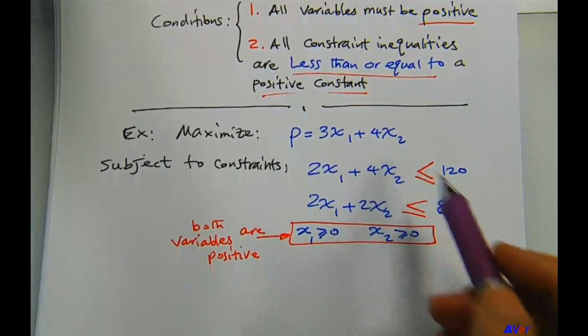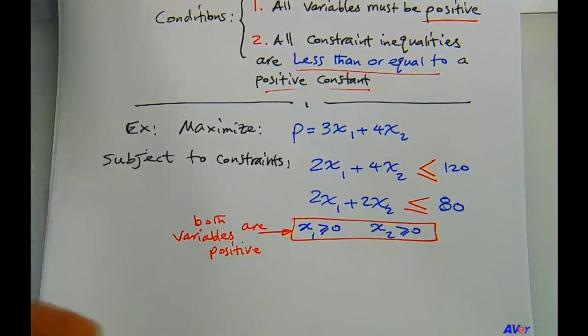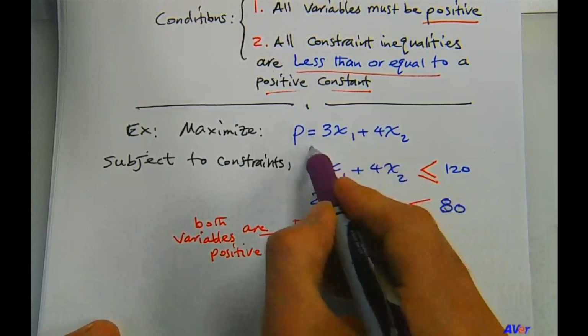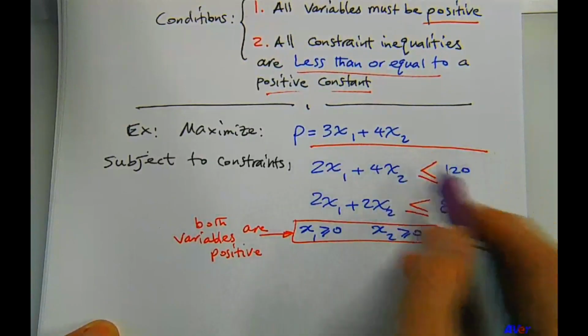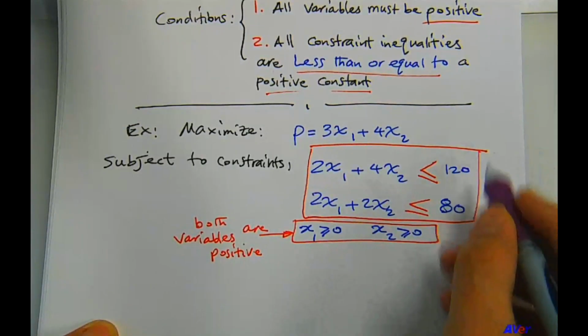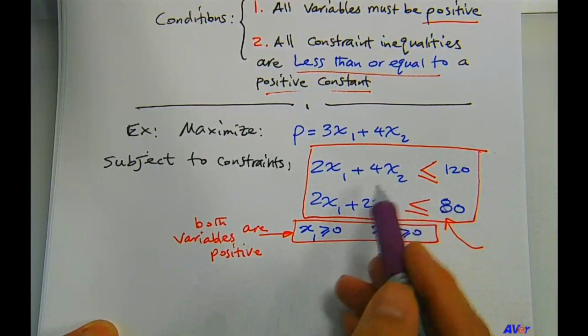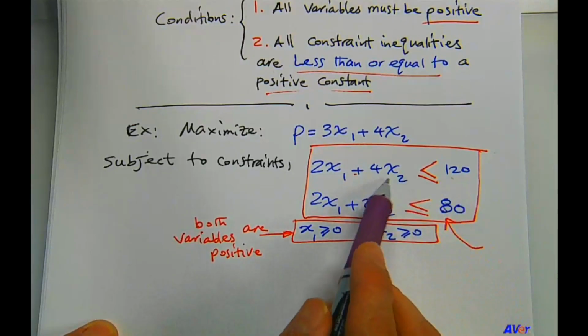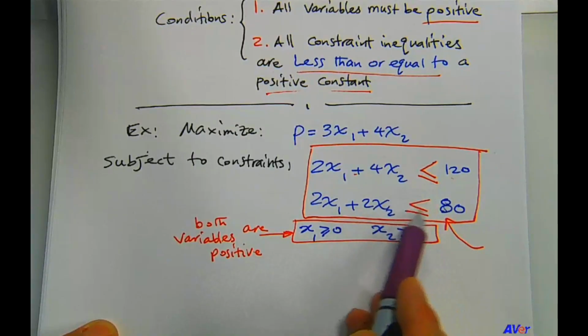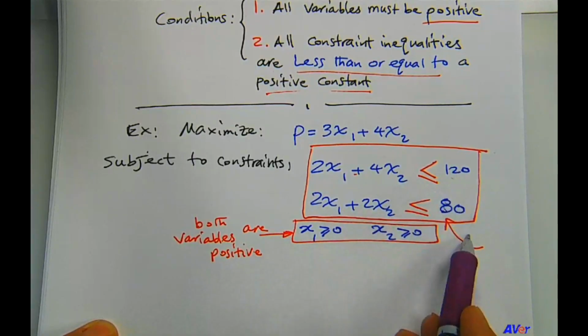It's right here. Both constraint inequalities are less than or equal to a positive constant.